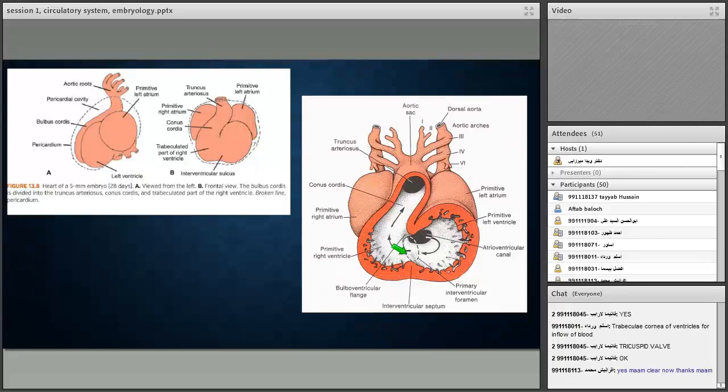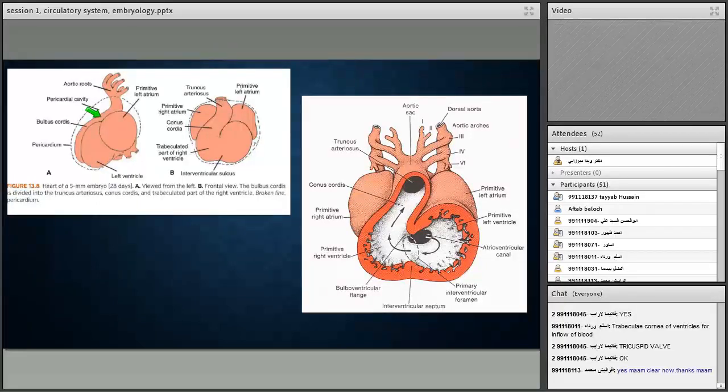The conotruncal portion of the heart tube, the conus arteriosus, the conus cordis, here, the black part. The conus cordis portion of the heart is at first placed on the right side of the pericardial cavity. Look here, it is the conus cordis.